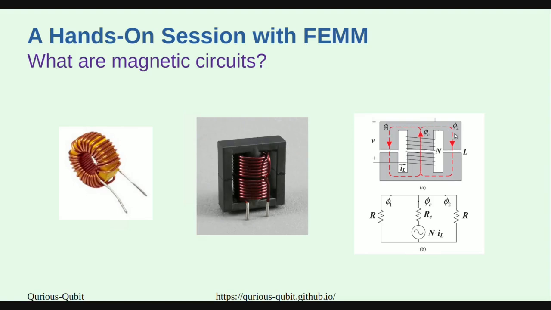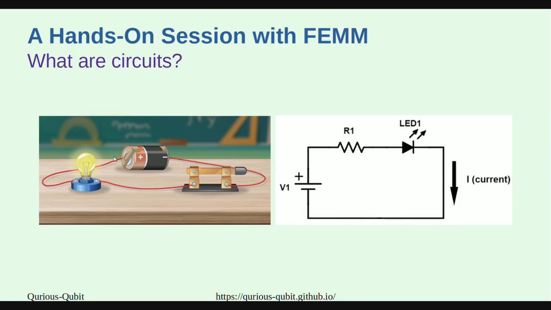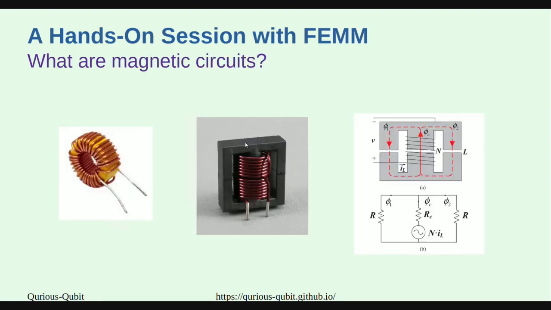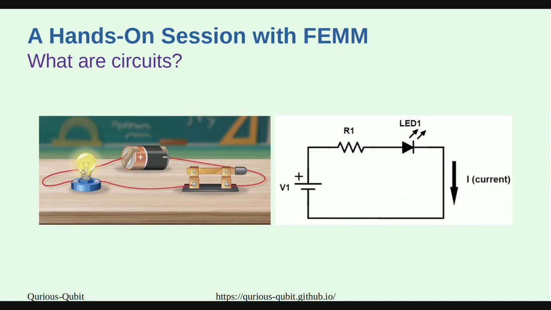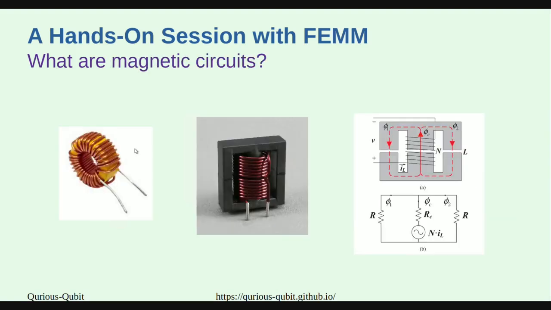The path is identical to what we have seen here: a wire where current is flowing, and this is a path where flux is flowing. Then this is the reluctance, which is equivalent to the resistance offered by a tungsten filament. So this is reluctance, and it is put as R.